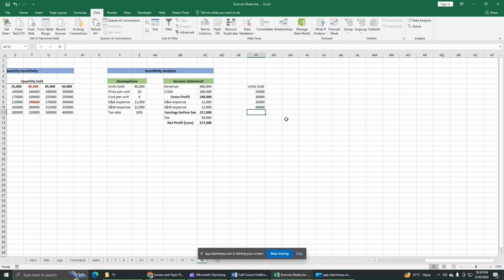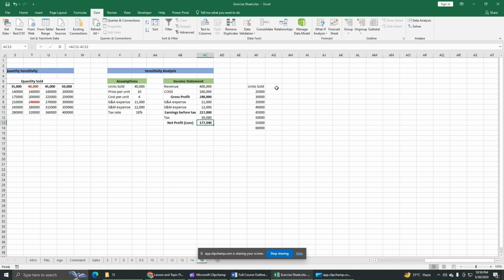All right, and increased by this amount. So in this data we can see the net profit of this amount if 40,000 units are sold. Now I want to see what the net profit will be for different units sold.